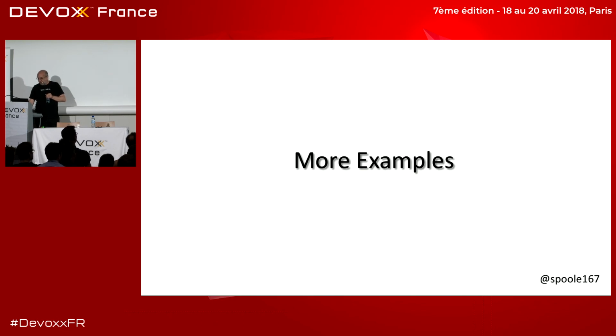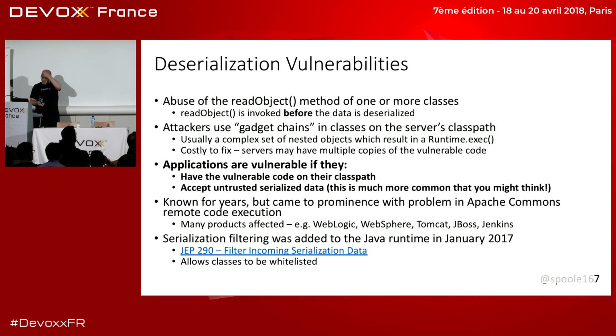So more examples. Deserialization. Wow, I have lots of words there, but how many people here use serialization? Okay, how many of you are Java programmers? If you're a Java programmer, you may not realize it, but you're probably using serialization.